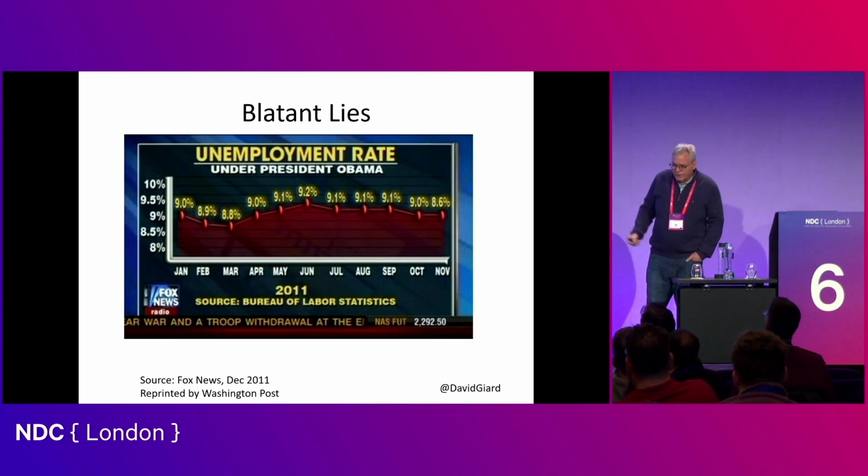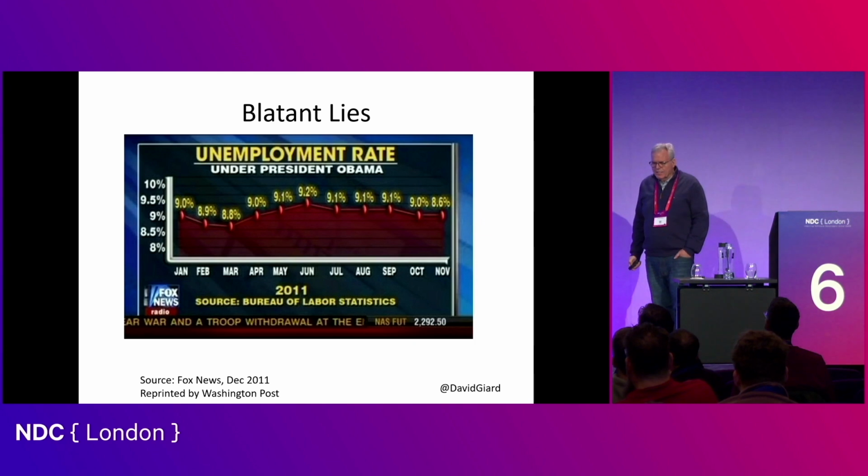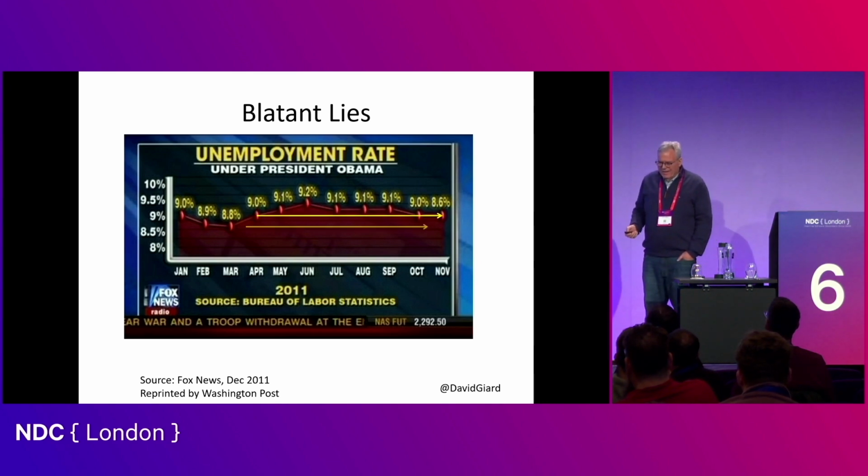The big problem is that in November, right before the election, look at the numbers, 8.6% unemployment, which is an accurate number, but look where it's graphed. It's graphed at the same level as 9.0. 8.6% is actually the lowest number on this graph, and yet it's plotted as one of the highest points.